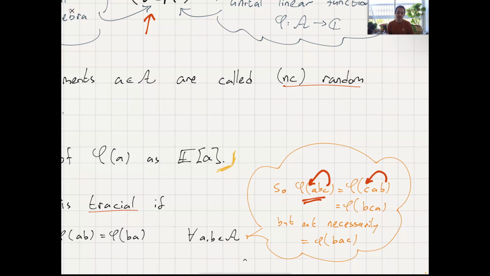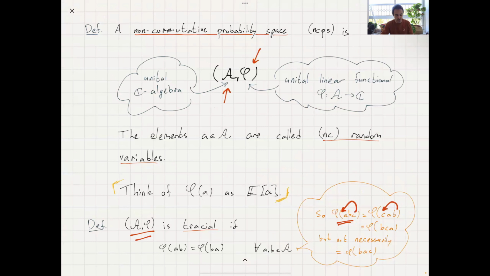So phi of ABC is the same as phi of CAB and the same as phi of BCA, but it's not necessarily the same as phi of BAC. Right? Only cyclic permutations are allowed, not any permutation. Good. So most of our non-commutative probability spaces are going to be tracial.